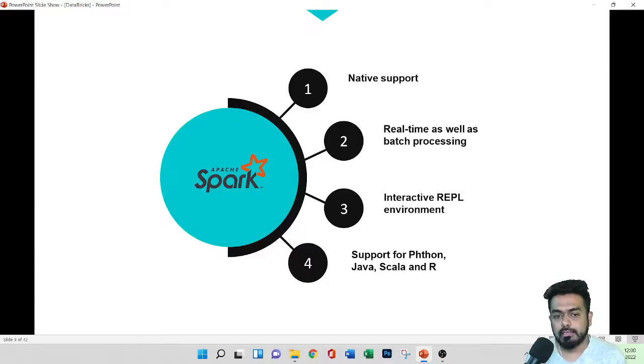The major steps involved are collecting the data, analyzing the data, cleaning the data, feature engineering, and exploring and generating insights by building machine learning models. Spark has a variety of roles in each of these steps. These are some of the features: it provides native support, it has real-time as well as batch processing, and it supports multiple languages. This is how it works.